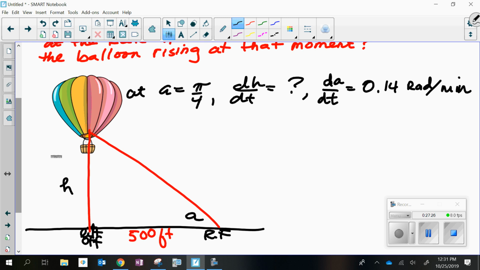Tangent of A equals H over 500. Very good. Could we have used any of the others? No, we had to use tangent because we have the opposite. You could technically use cotangent, I guess. Okay, so go ahead and differentiate.